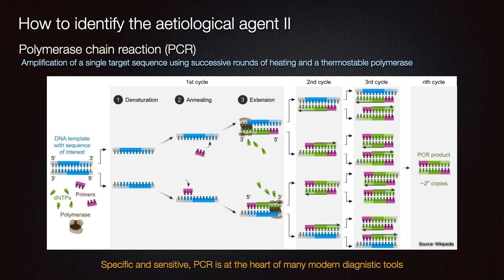Each copy of your target can now serve as its own template and be copied itself, leading to an exponential increase in target copies from 1 to 2 to 4 to 8, 16, 32, 64, etc. By cycle n, and we usually run 35 to 45 cycles, your target has been copied 2 to the power of n times.